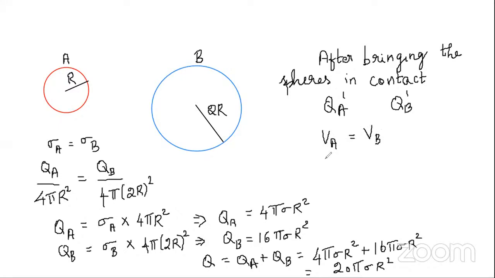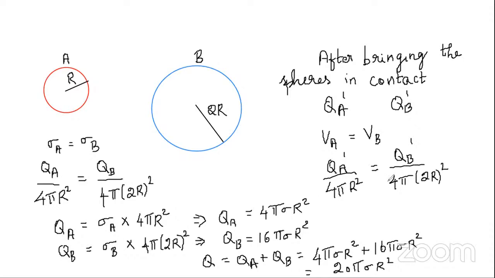So the formula for potential is QA prime divided by 4 pi into r square, that will be equal to QB prime divided by 4 pi into radius square, so that is 2r the whole square.